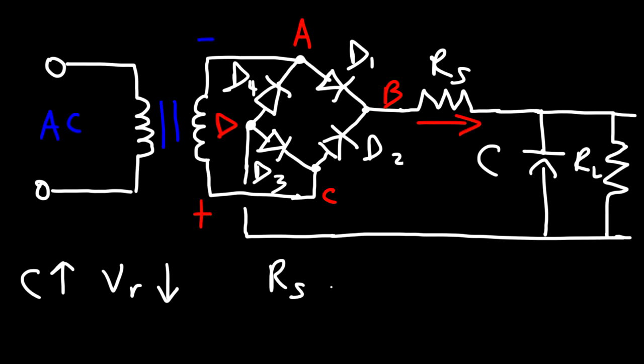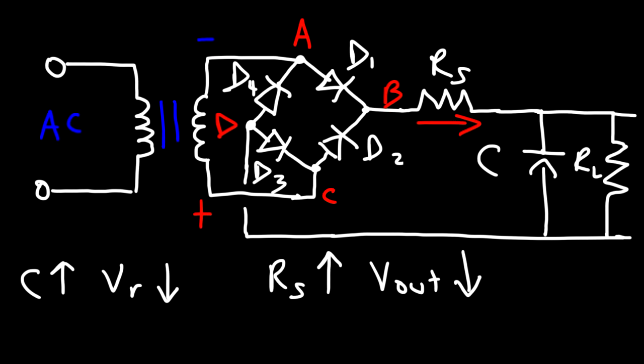Now you need to be careful because as you increase the series current limiting resistor, RS, the output voltage will decrease because these two resistors, which I'm going to highlight in blue, will form a voltage divider circuit. And so as RS increases, the output voltage of your rectifier will decrease.